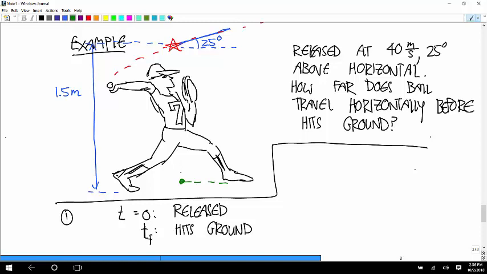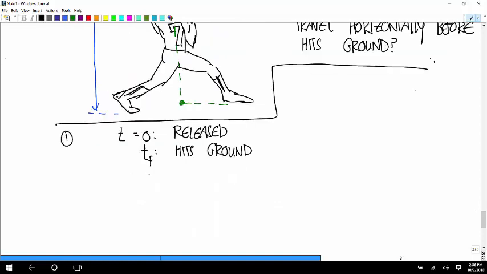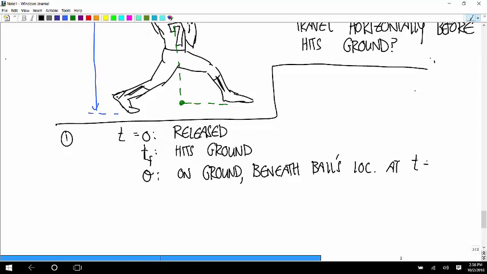So right here. So the origin location is going to be on the ground beneath the ball's location at time equals 0.